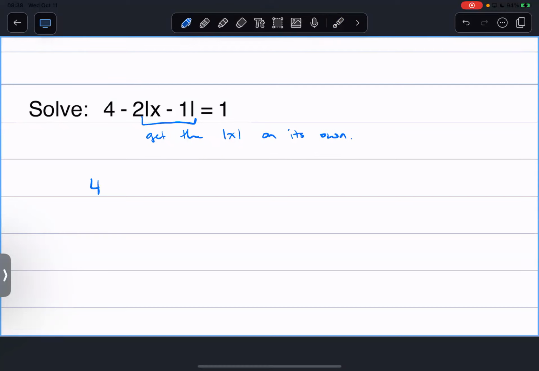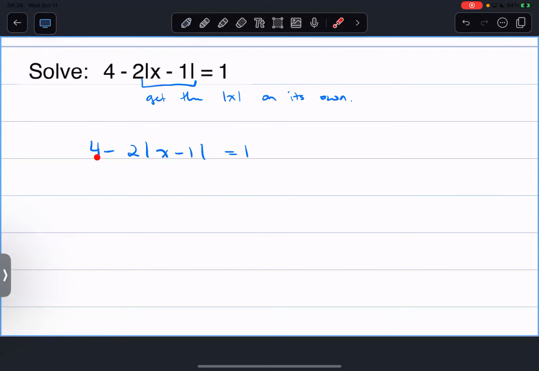So I have 4 minus 2 times the absolute value of x minus 1 is equal to 1. I can subtract 4 from both sides. So I get negative 2 times the absolute value of x minus 1 is equal to negative 3.